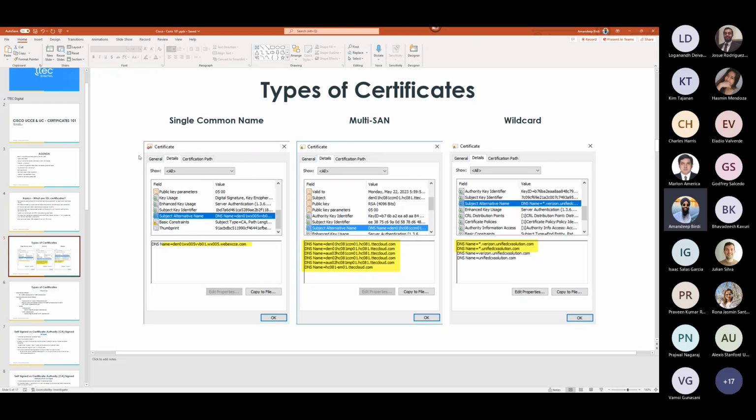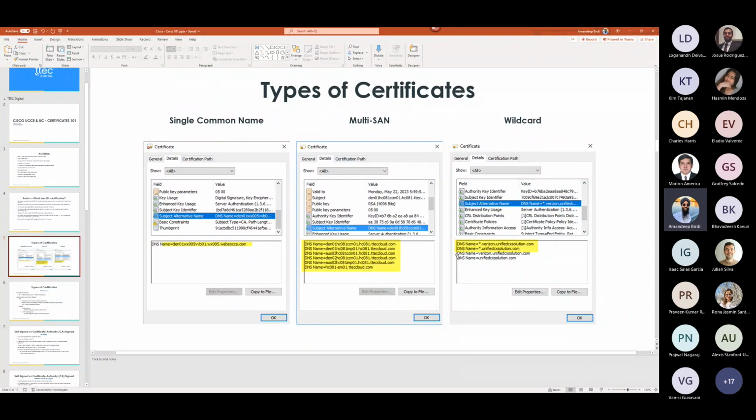So in order for you to see the type of cert you're using, you go to the details tab and you look at the subject alternative name, and that will tell you whether you're using a single common name, whether you're using a multi-SAN. Multi-SAN means multi-subject alternative names within one cert, or a wildcard.